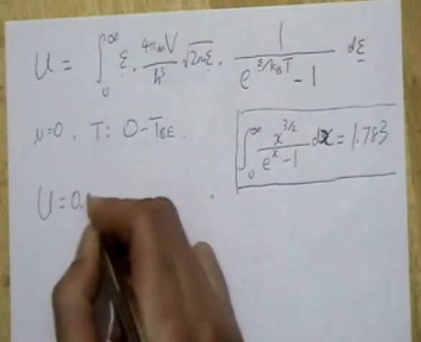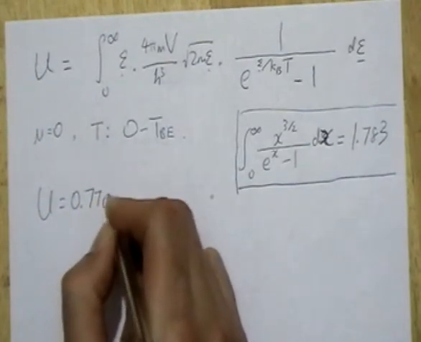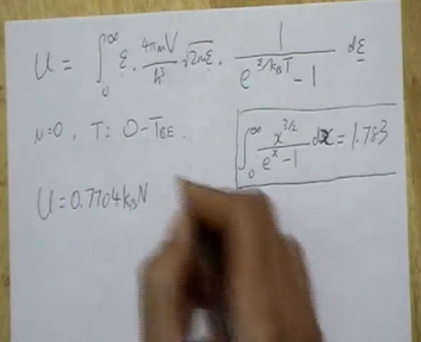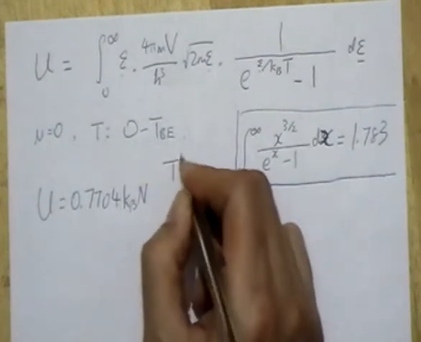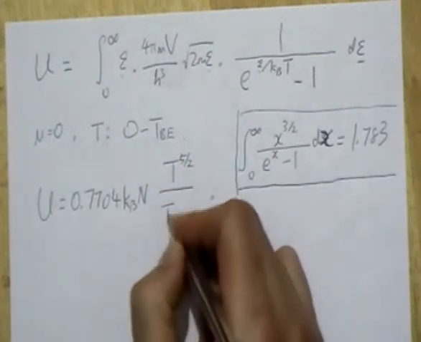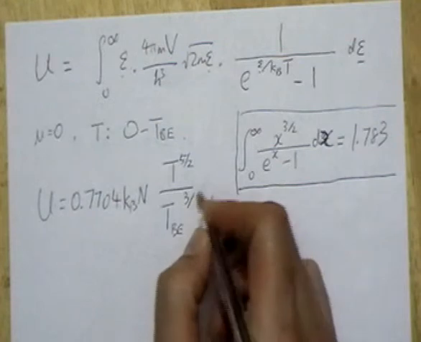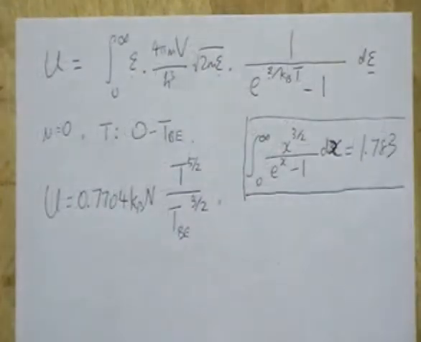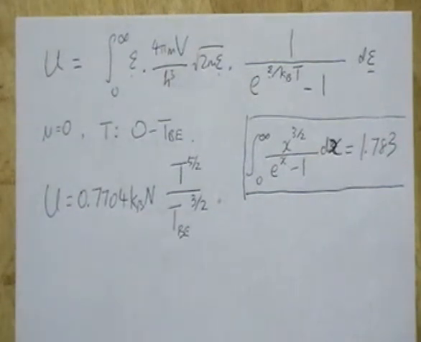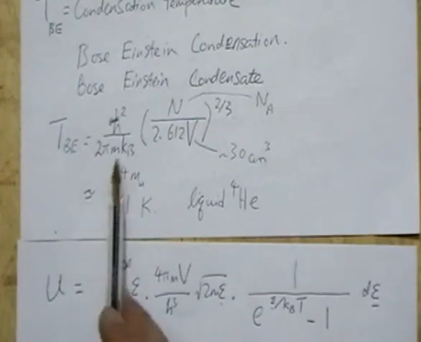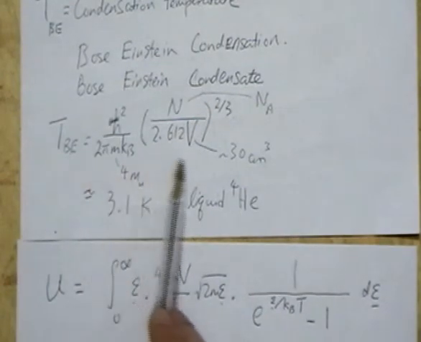It's 0.7704 kB and then T to the power of 5/2 over, now in terms of TBE, to the power of 3/2. Now we should just remind ourselves what TBE looks like. Right, we got TBE just now and it looked like that.